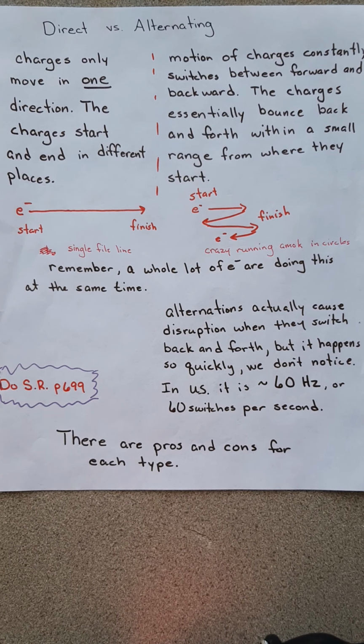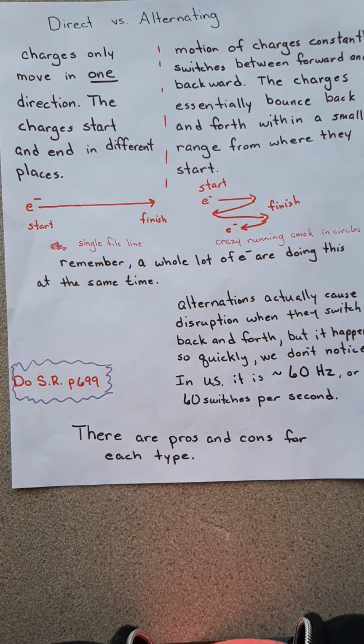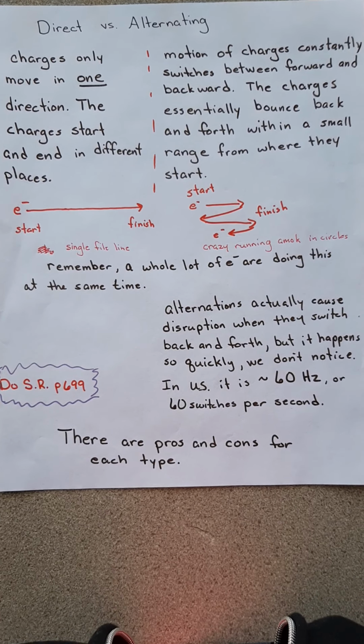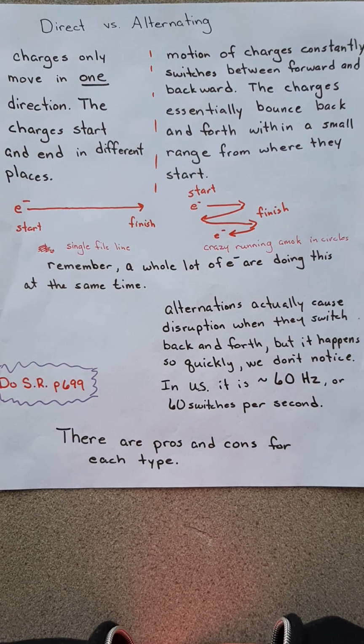We could spend weeks talking about Westinghouse and Edison. Both wanted their type of electricity to be what was supplied to the nation, but Westinghouse won with the alternating current.